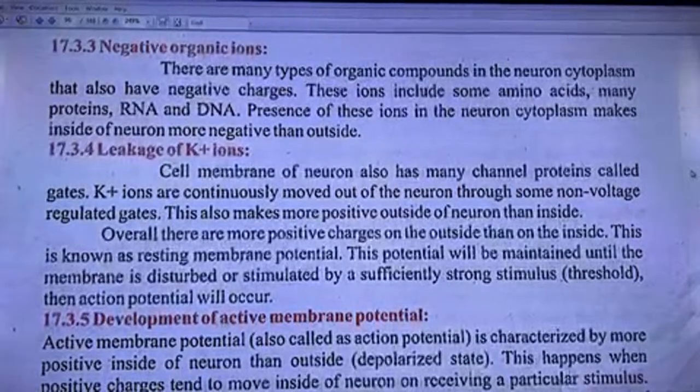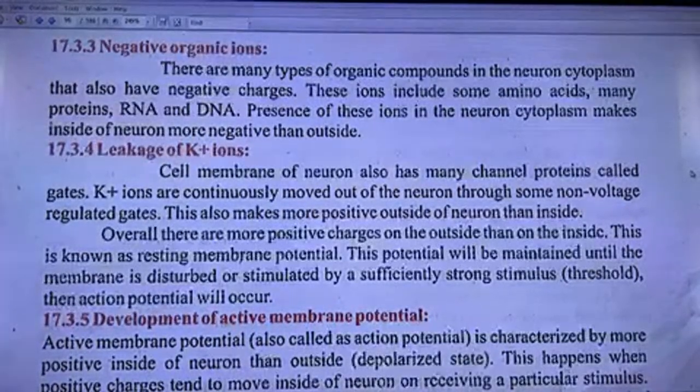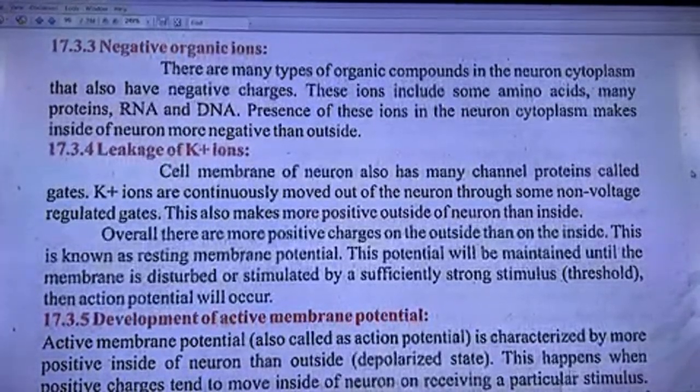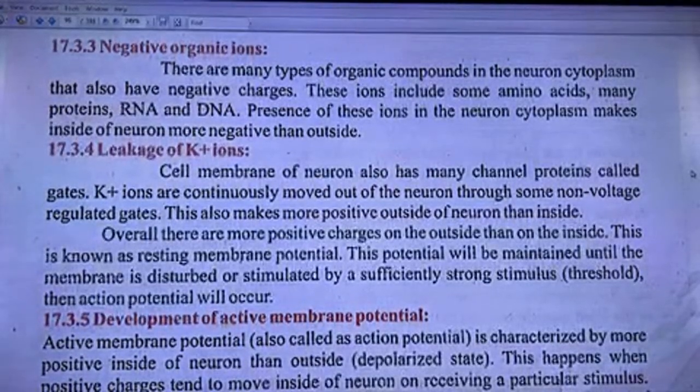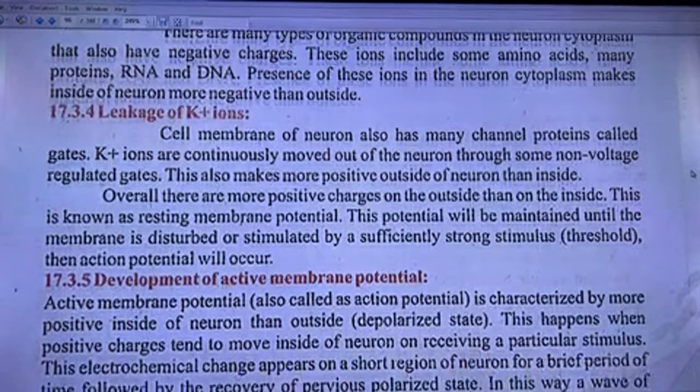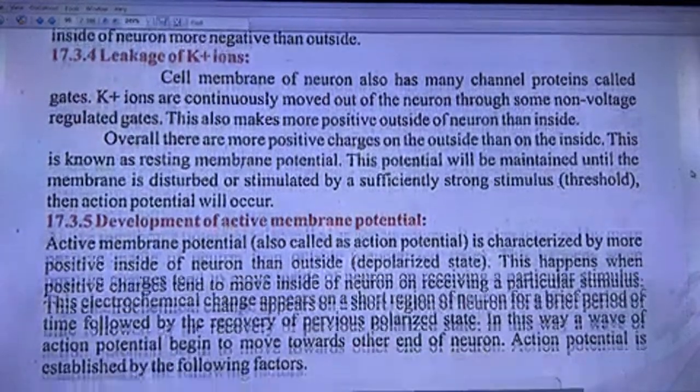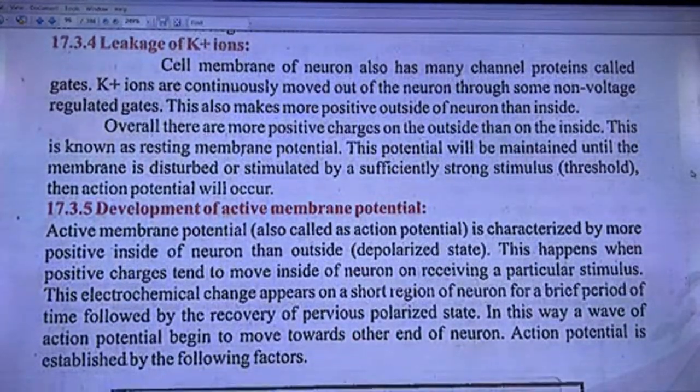These ions include some amino acids, many proteins, RNA, and DNA. The presence of these ions in neuron cytoplasm makes the inside of the neuron more negative than the outside. Leakage of potassium ions. The cell membrane of a neuron also has many channel proteins called gates. Potassium ions are continuously moved out of the neuron through some non-voltage regulated gates. This also makes the outside of the neuron more positive than the inside.